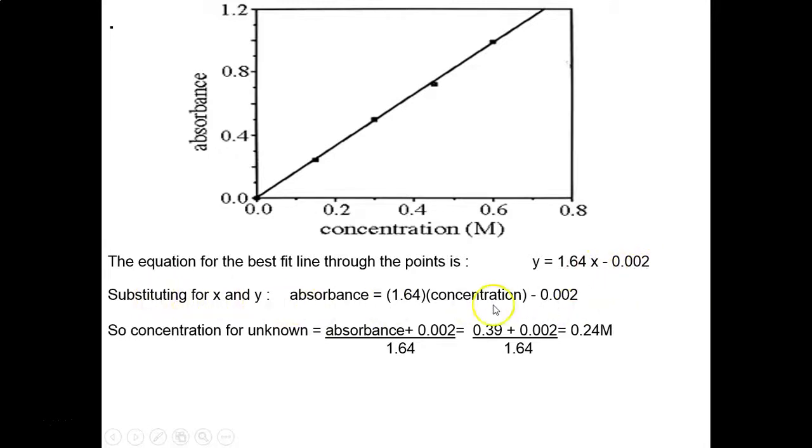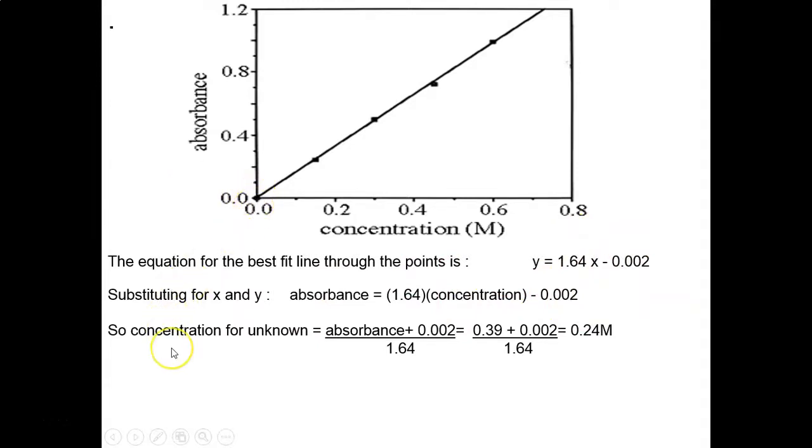Substitute for x and y. So your y-axis is going to be absorbance. Your 1.64x, x represents concentration. I just got that from the graph. So this is the actual formula you're using. This is what it's based on. The 0.02 is the y-intercept, which is right there.